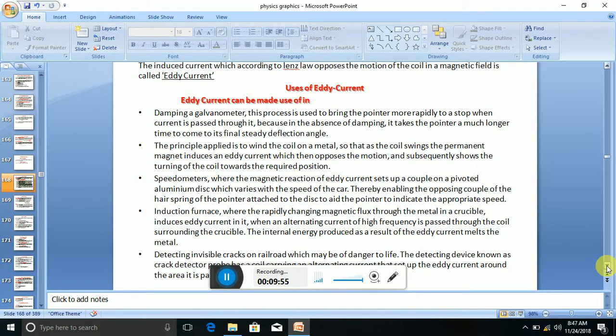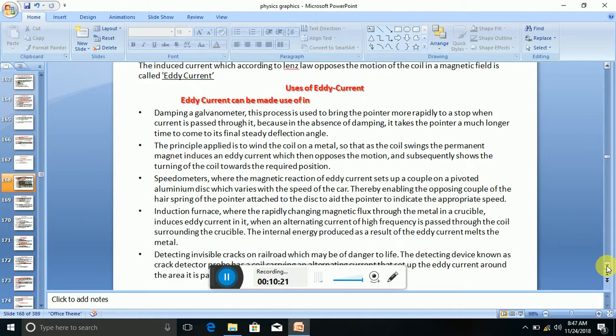Induction furnace, where the rapidly changing magnetic flux through the metal in the crucible induces eddy current in it. When an alternating current of high frequency is passed through the coil surrounding the crucible, the internal energy produced as a result of the eddy current melts the metal.